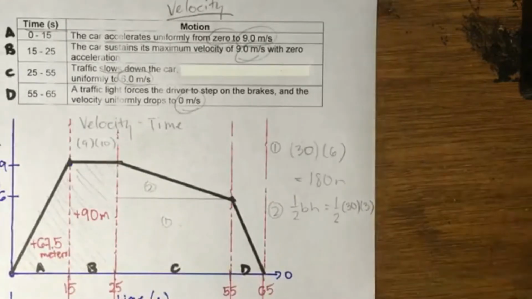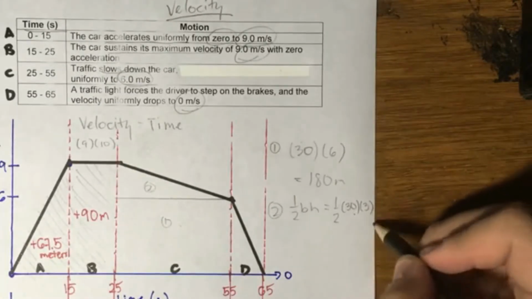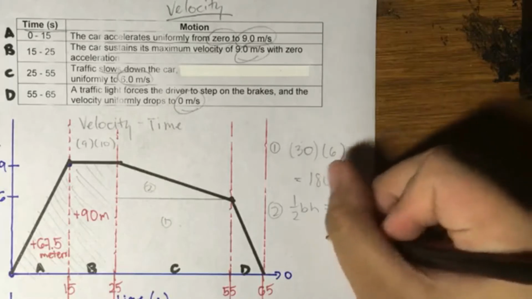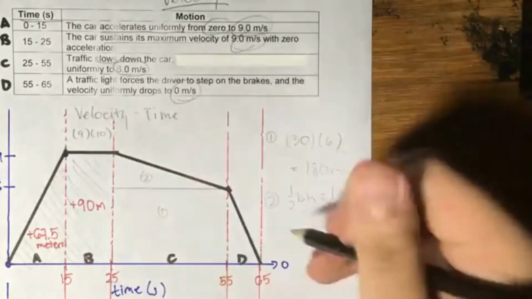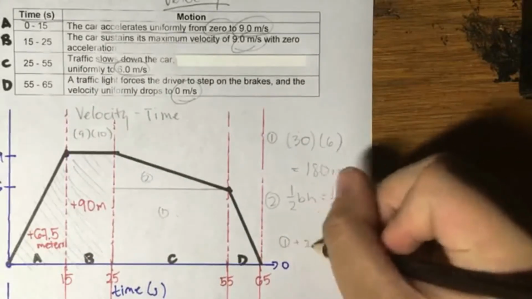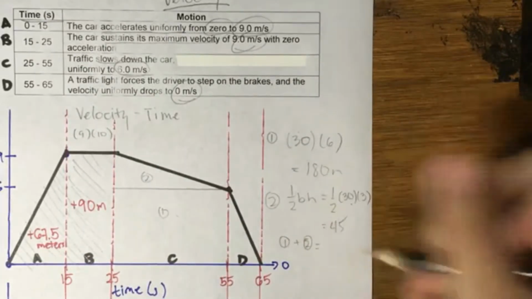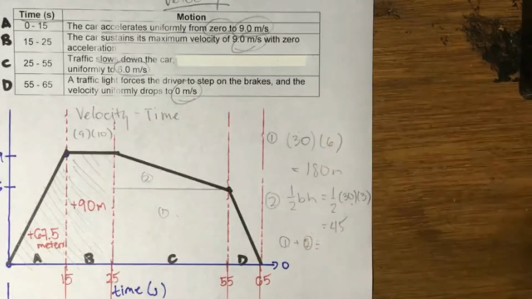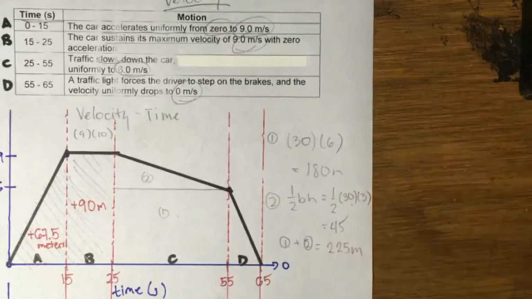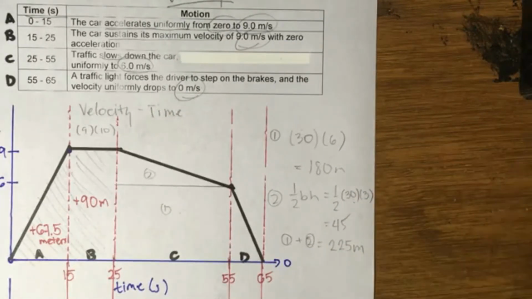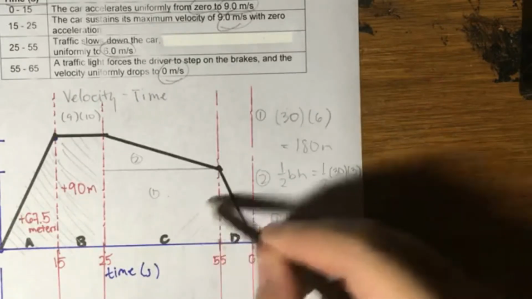So 30 times 3 is 90, and divide by 2, this is 45. Therefore, the area of this entire thing is 1 plus 2, the two areas combined. So that's 180 plus 45, and that will lead you to 225 meters.